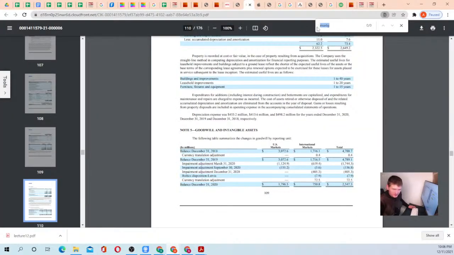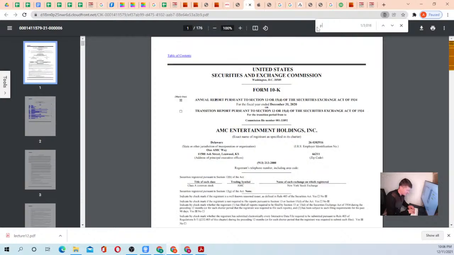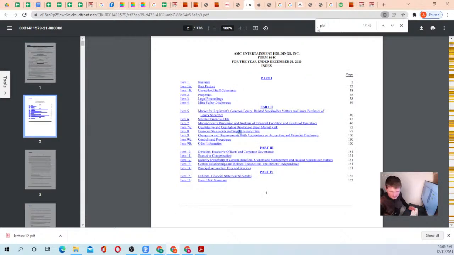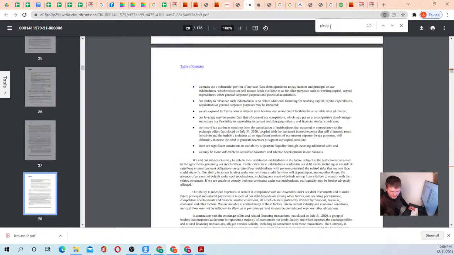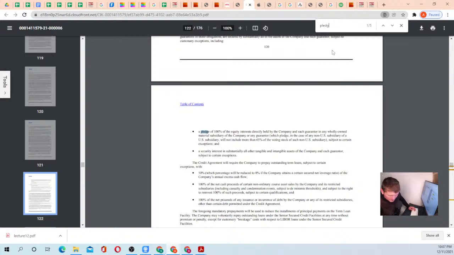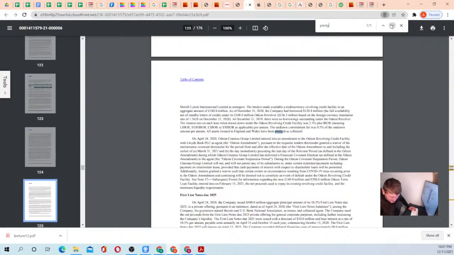So we do not have any mentions of the mortgage. We have mentioned that all assets located in England and Wales have been pledged as collateral.